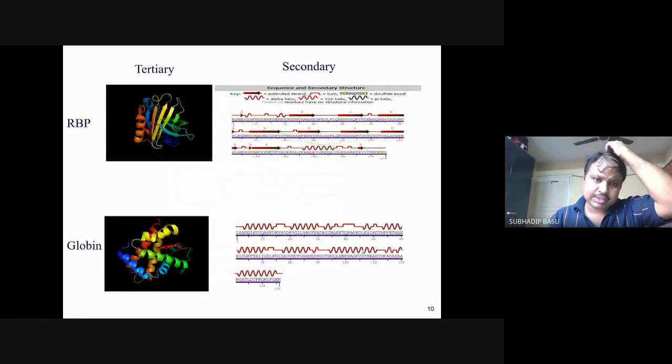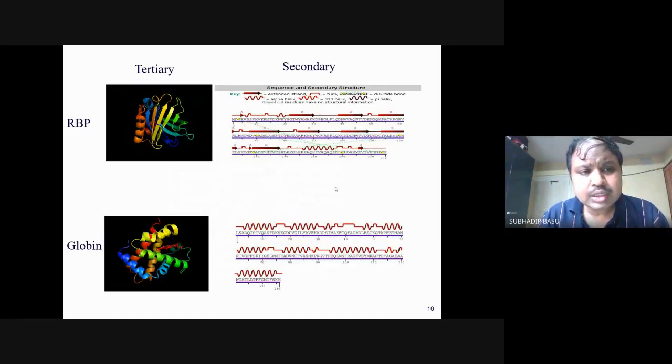As you can see, here is a retinal binding protein and a globin. These are two examples we are showing, and these are the tertiary structures, and you can see the secondary structure shown here. The primary sequence is given as a one-dimensional character string at the bottom, and then these long arrows are nothing but beta sheets, and those ups and downs are called strands.